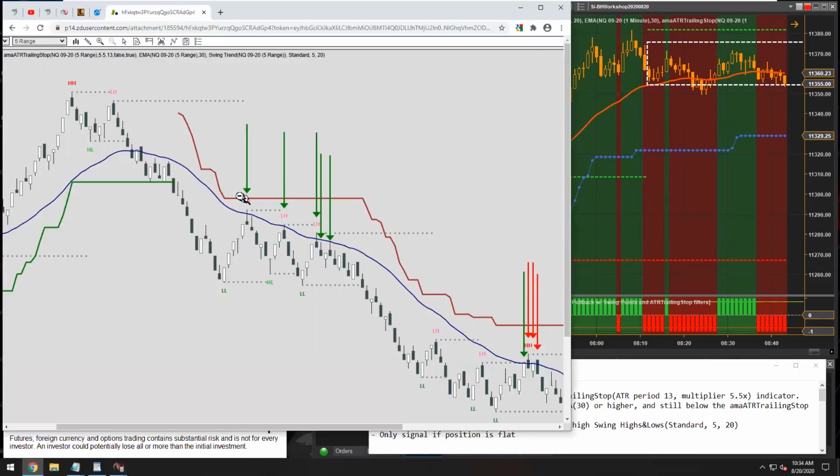And if we look at the screenshot here, well, price is so far away from the swing high. Like this first signal here, the swing high is way up here. So, oh, and actually, you know what?